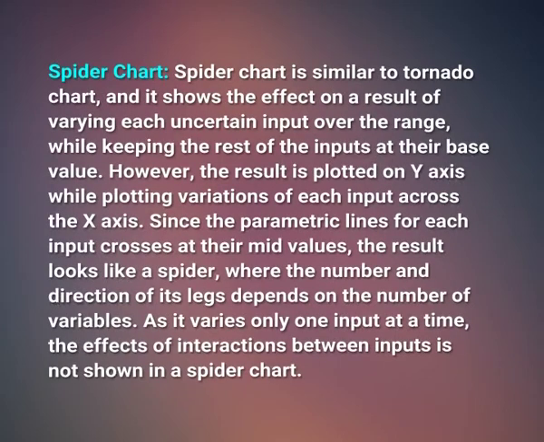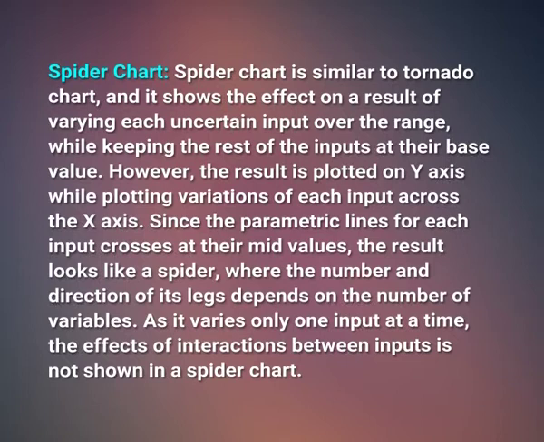Spider chart. A spider chart is similar to a tornado chart, and it shows the effect on a result of varying each uncertain input over the range while keeping the rest of the inputs at their base value. However, the result is plotted on the y axis while plotting variations of each input across the x axis.